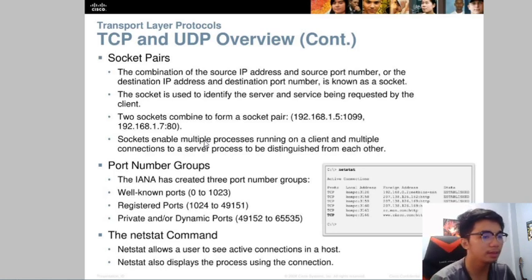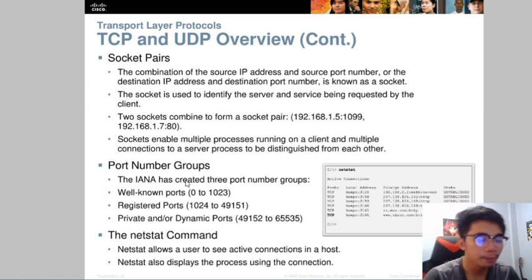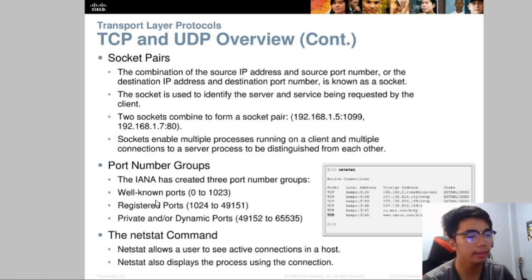Then just like this. Then sockets enable multiple processes running on a client and multiple connections to a server process to be distinguished from each other. Port number groups. Then the well-known ports are 0 to 1023. Then registered ports are 1024 to 49151.